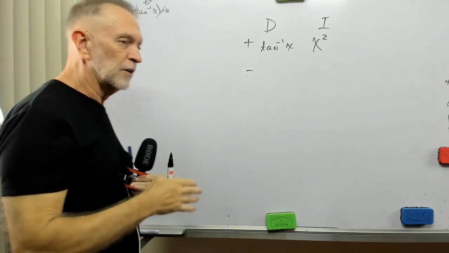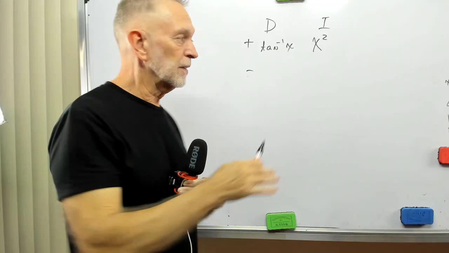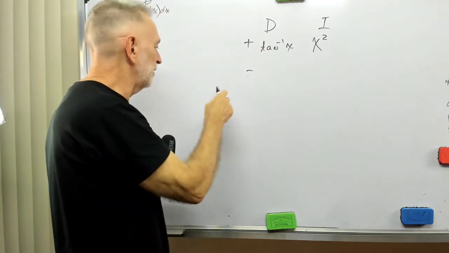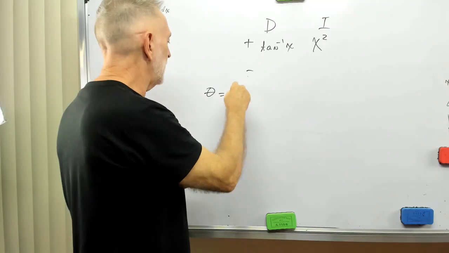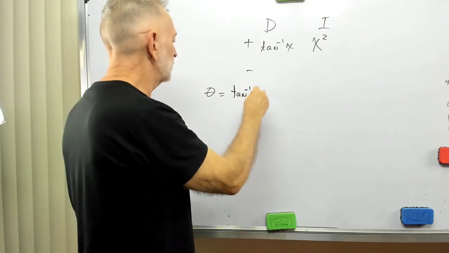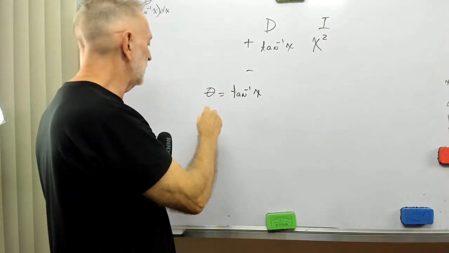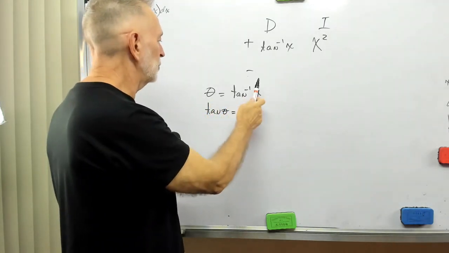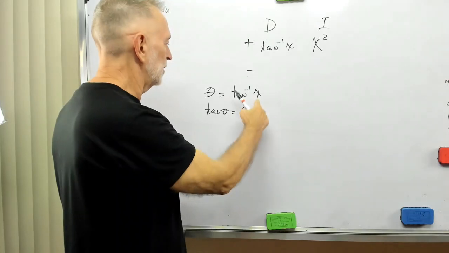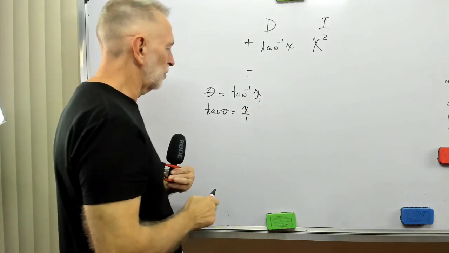So if I can write an equation for d theta, that in effect would be the derivative. So if theta equals tangent inverse x, it implies that tangent theta equals x over 1.